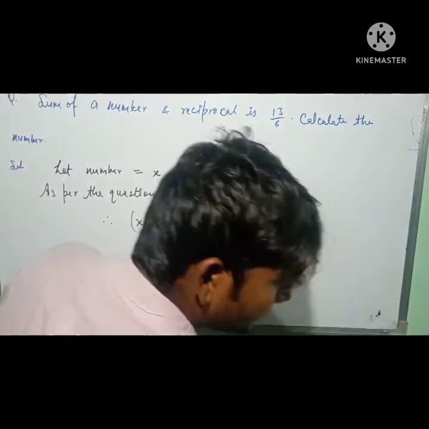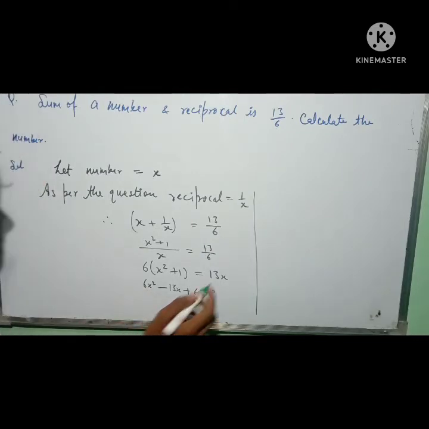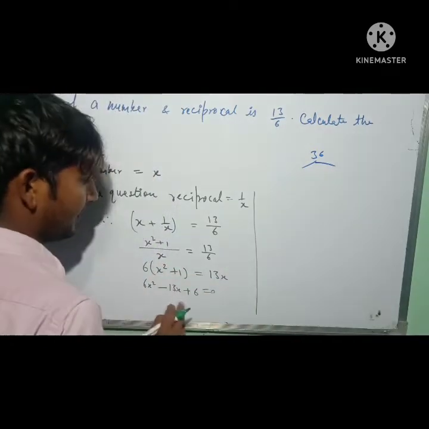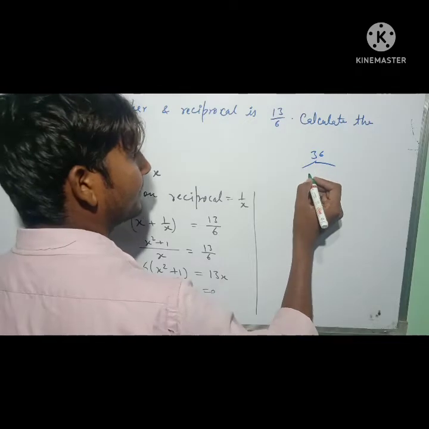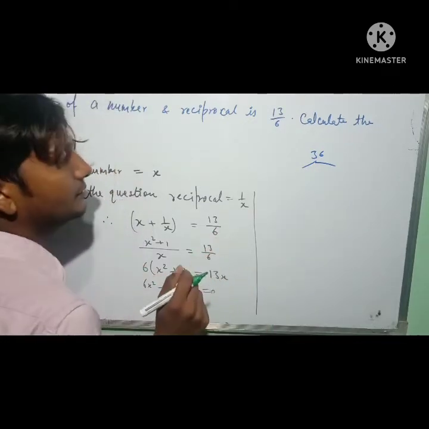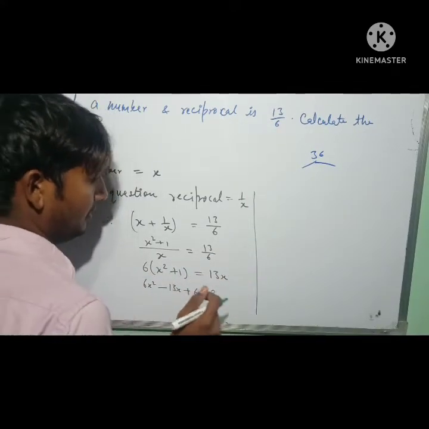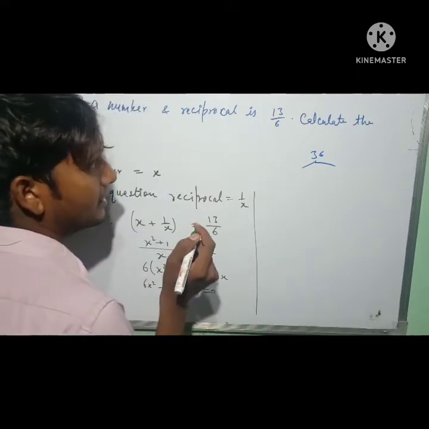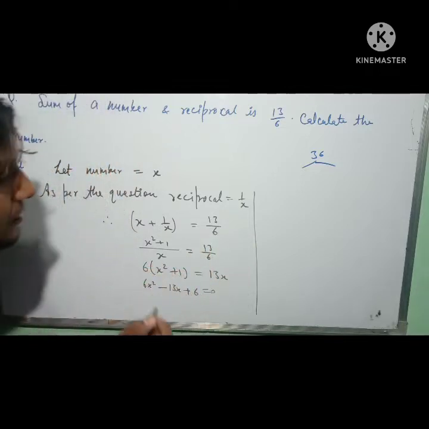Again, you can see here, this is a quadratic equation, so 6 times 6 is 36. We need such factors of 36 that make the sum 13. 8 and 3 are no, 6 and 6 are no, 3 and 12 are no, this is also not.